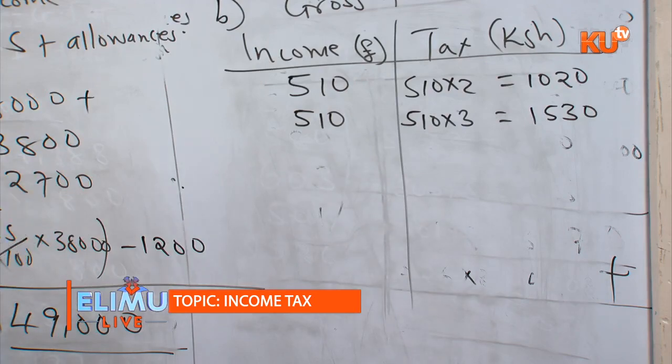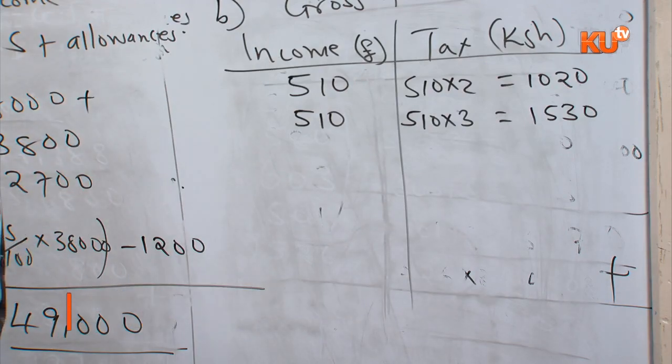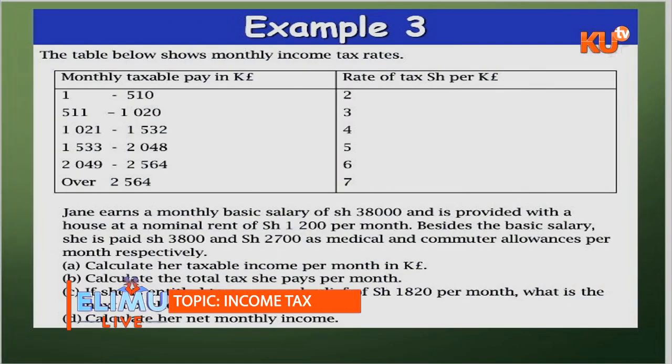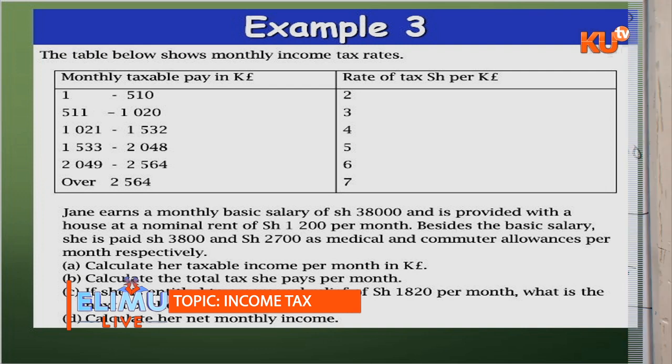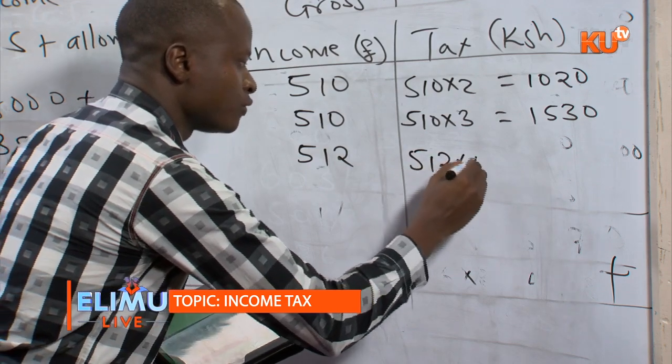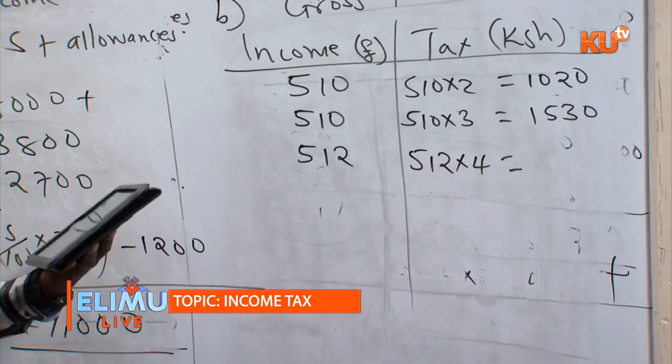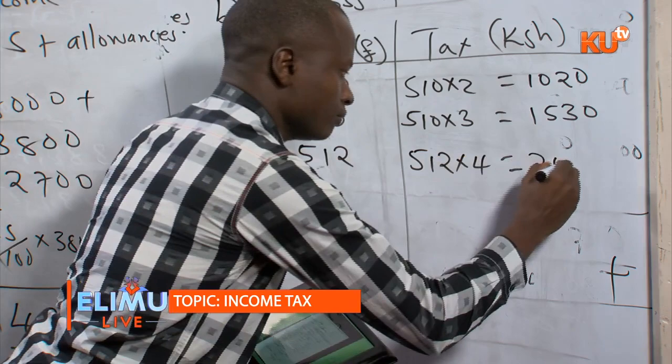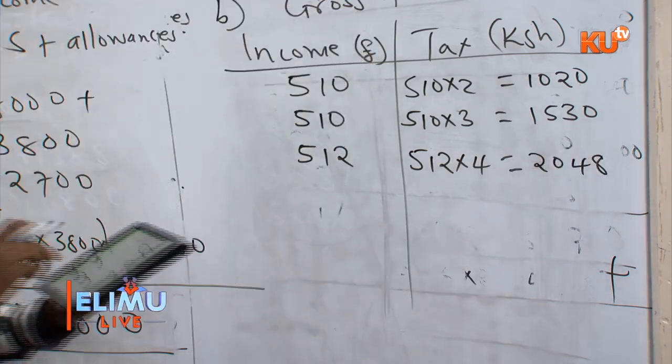You can confirm. Then the next one, we take 1532 minus 1020. 1532 minus 1020 quickly. That should give you 512. Then at what rate? At 4. So that will be 512 times 4, and you get 2048.